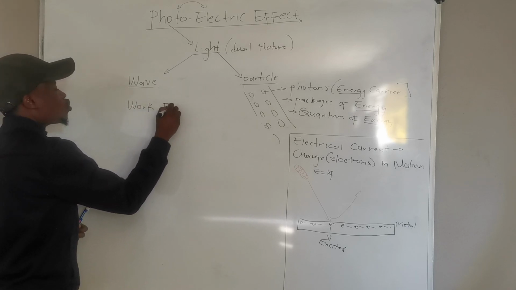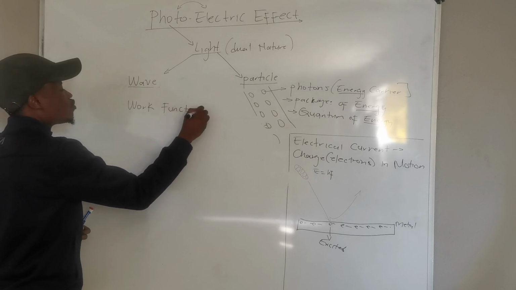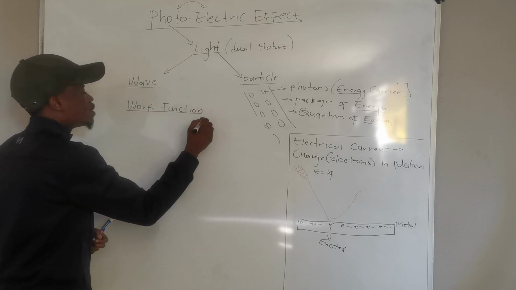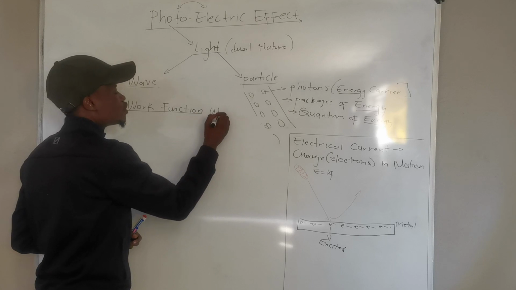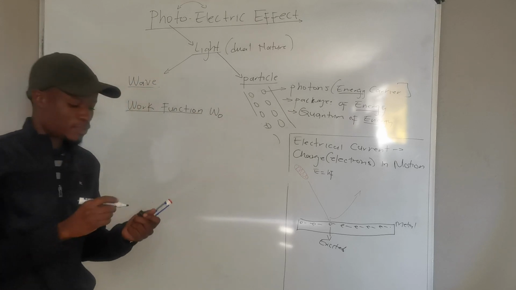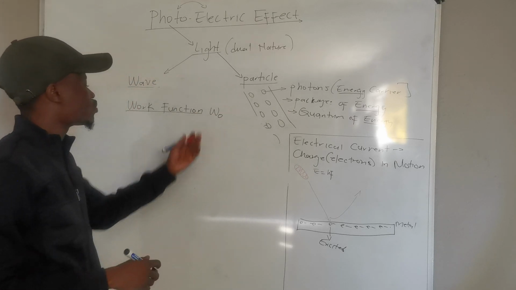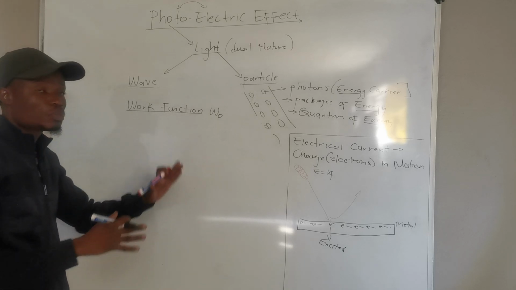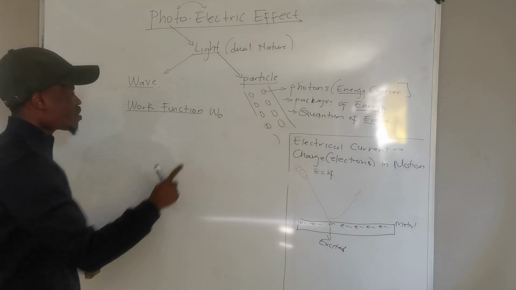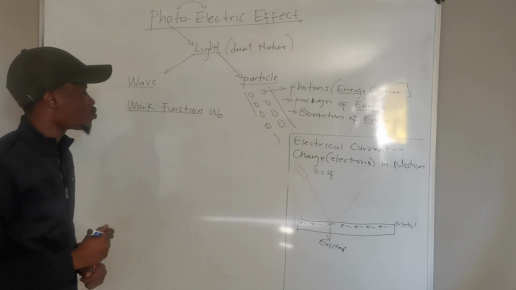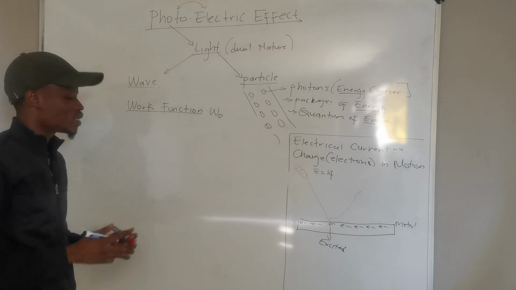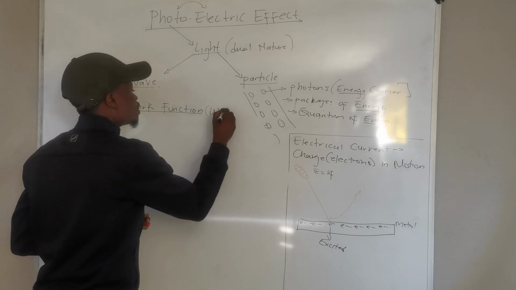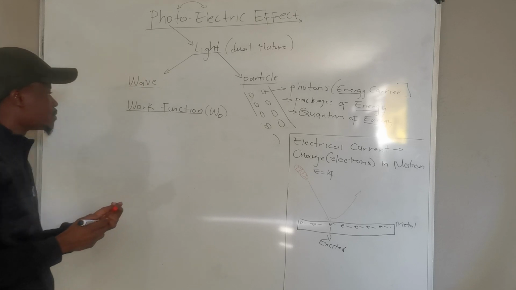Which is preferred to be called omega. Some people call it omega. I just like to call it a small letter W, but it is an omega with a zero, smaller than a zero, to show that this is a work function.